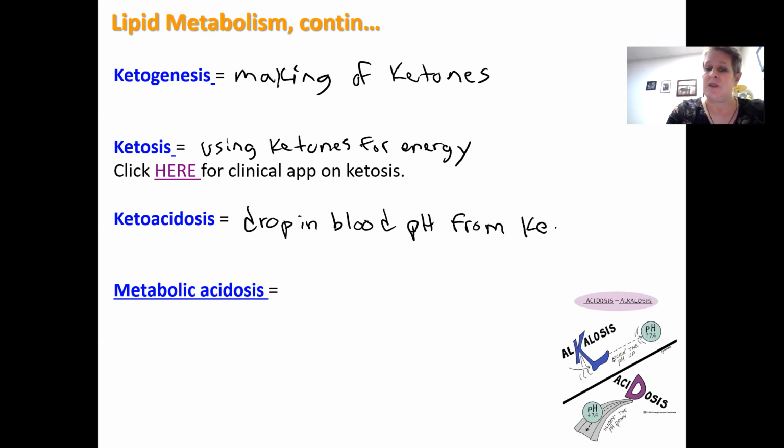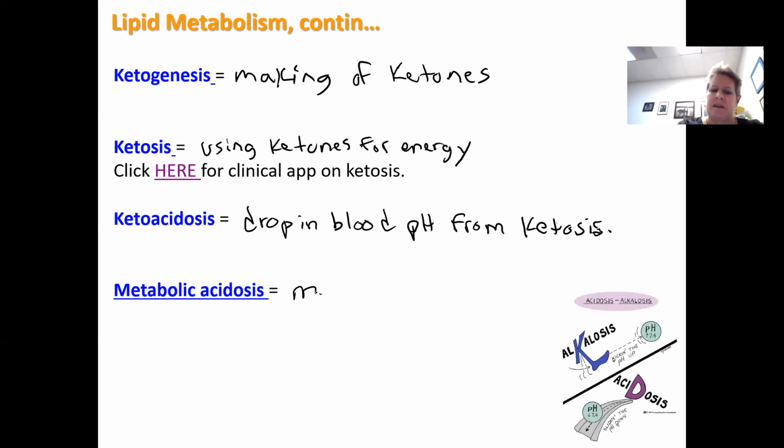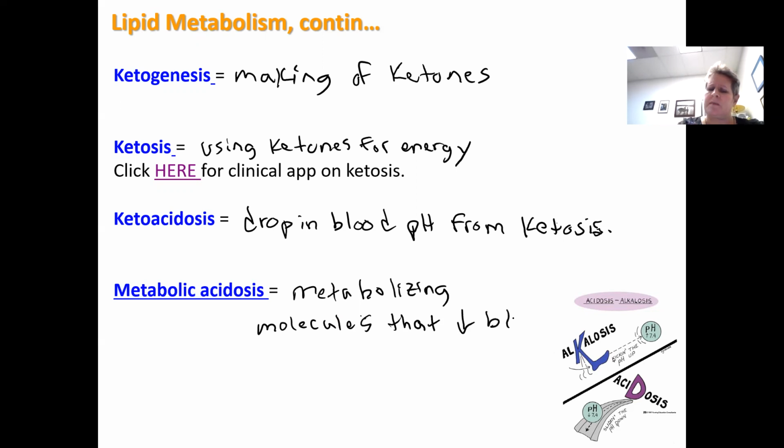And this is not good. Long term, this is not a healthy thing to happen to the body. Metabolic acidosis is metabolizing any molecules that cause the blood pH to drop. I'll just say metabolizing molecules that decrease blood pH.